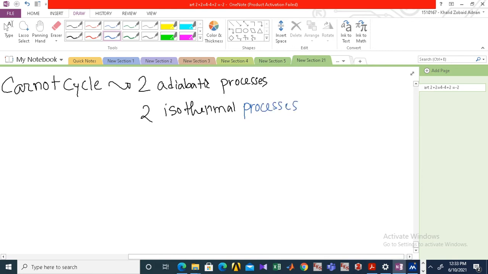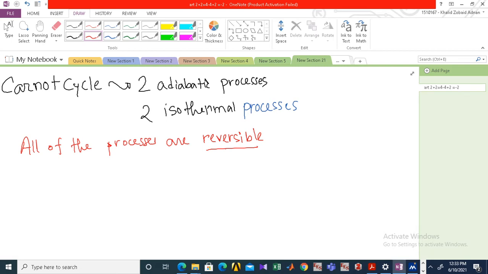Okay, so of these 4 processes, all of the processes are reversible. Okay, that means if we want to go from one state to another, we can easily go from one state to another and vice versa.